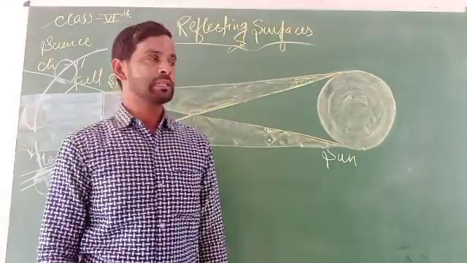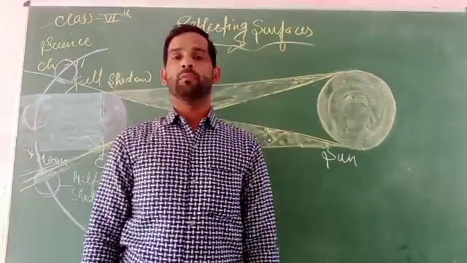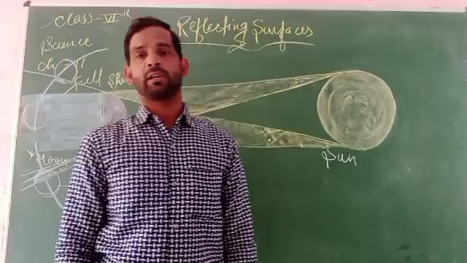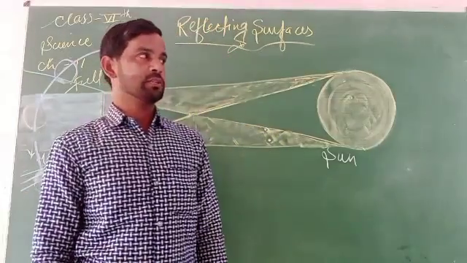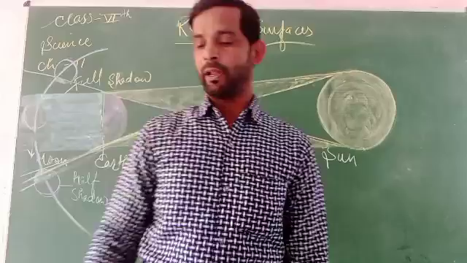The rays when they fall on it move further into the next direction or into the other medium. This one is said to be a reflecting surface.